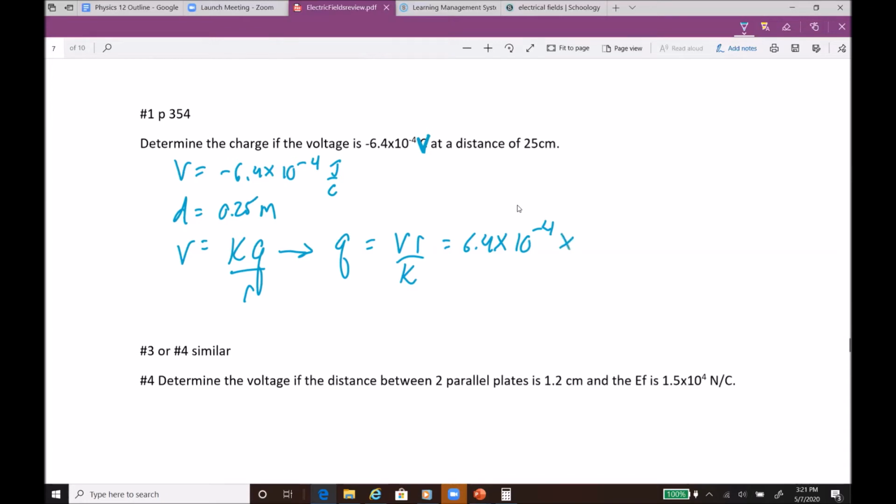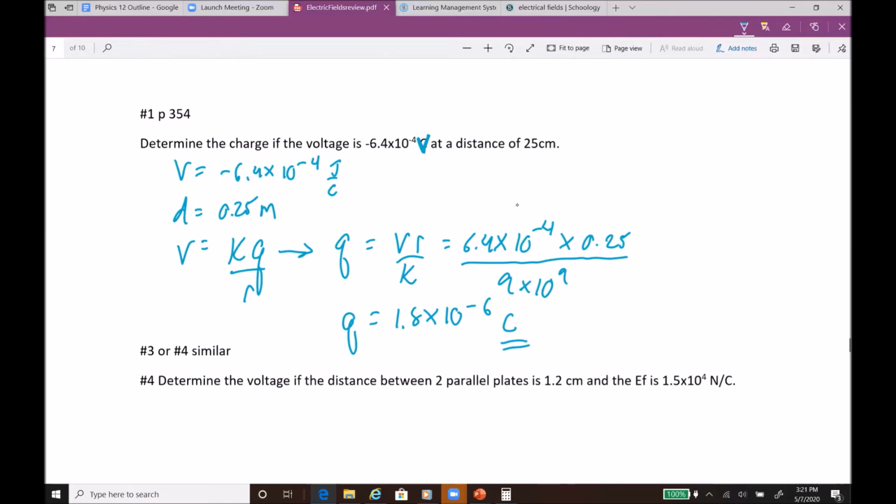Times the distance, which is 0.25 meters, over K. It's 9 times 10 to the 9. Okay. So that will give you a charge of about 1.8 times 10 to the negative 6 coulombs. All right. So that's number 1, page 354.